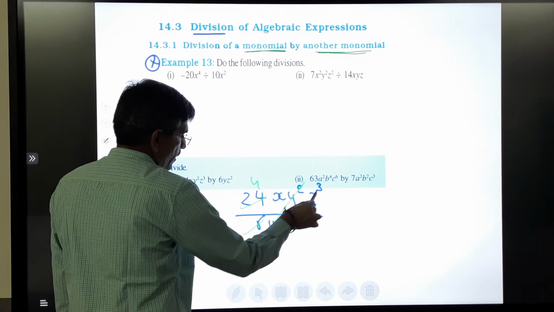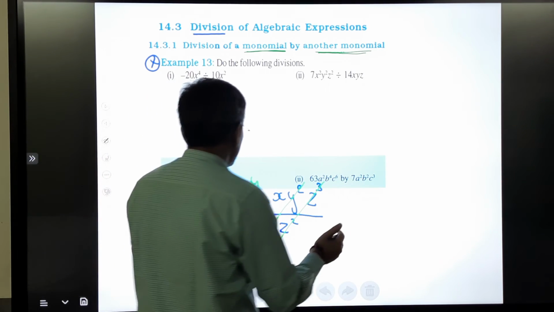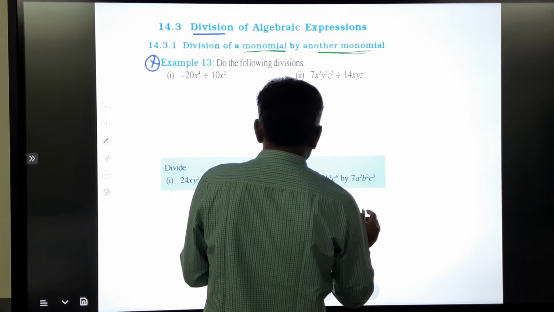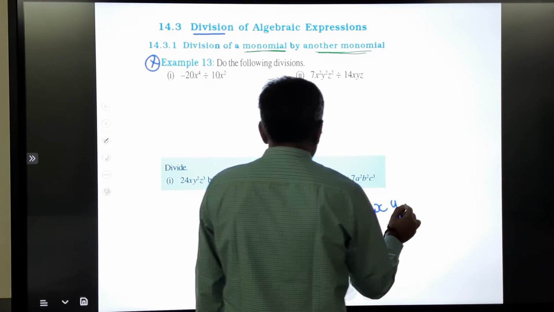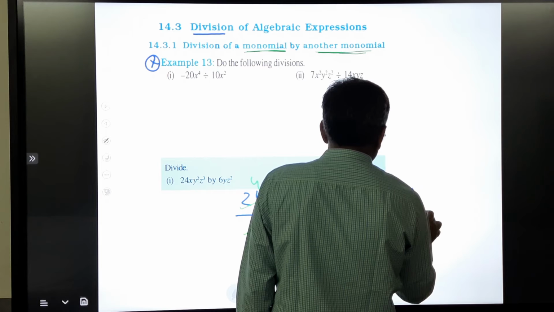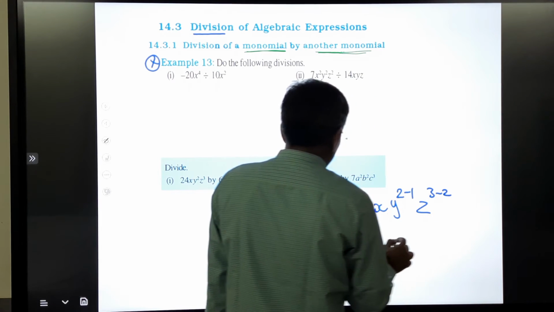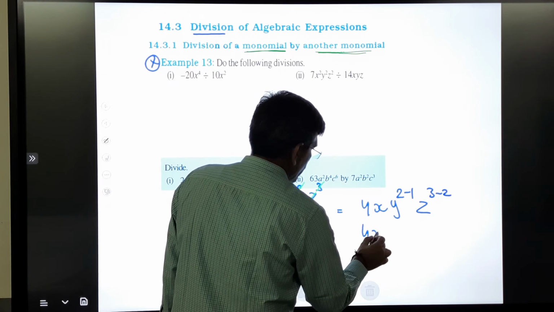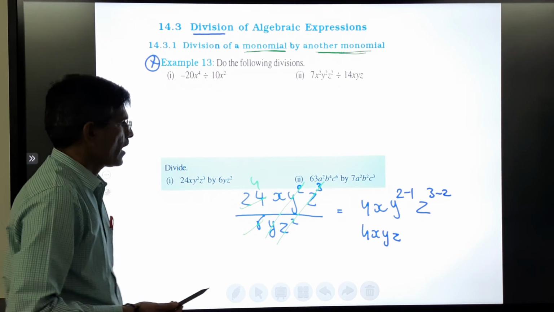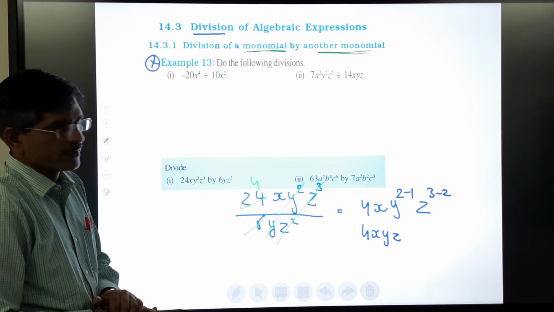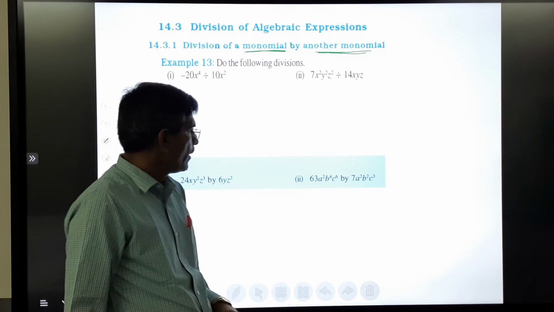Again z the power 3, z the power 2. So which way we have to do? 4x. In y we have to write 2 minus 1, and in z 3 minus 2. So the answer is 4x y z. So these are the different ways to solve this.